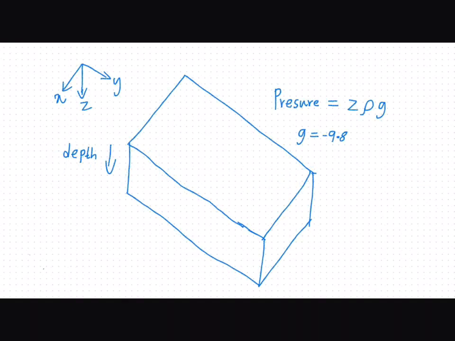Because the z-axis is pointing in the downwards direction, the value of g is negative.